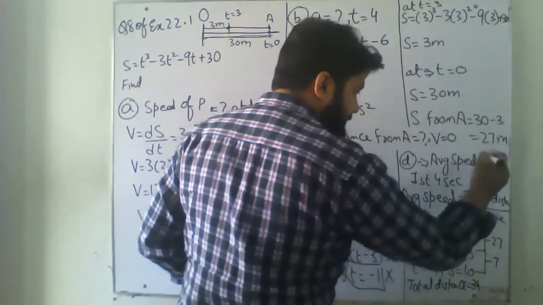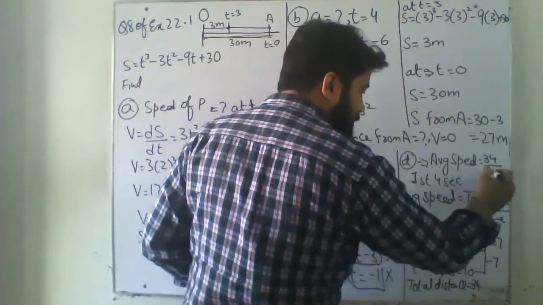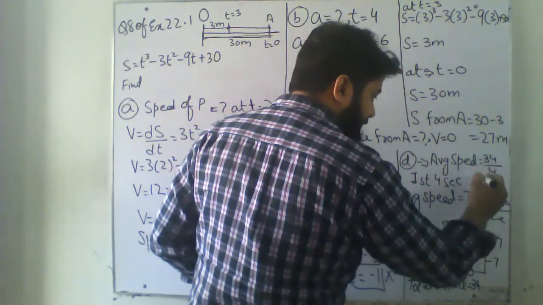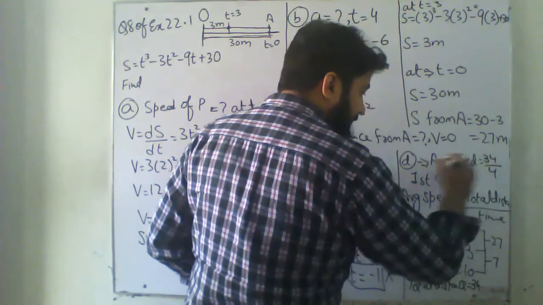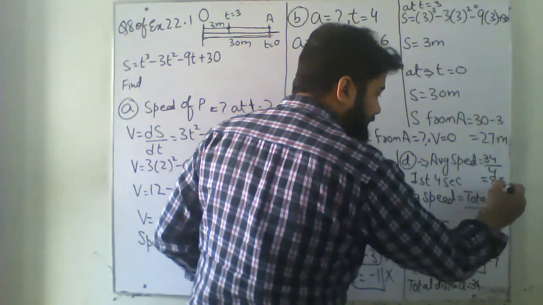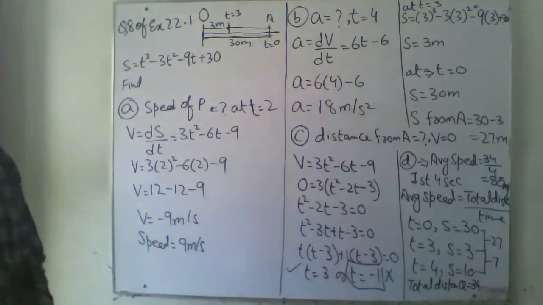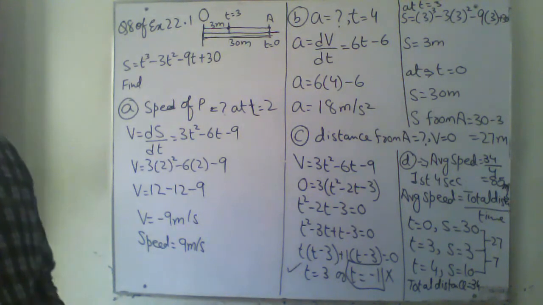The average speed is 34 divided by the total time, which is 4. When I simplify this, my average speed is 8.5 meter per second, and that is the final answer for this question.